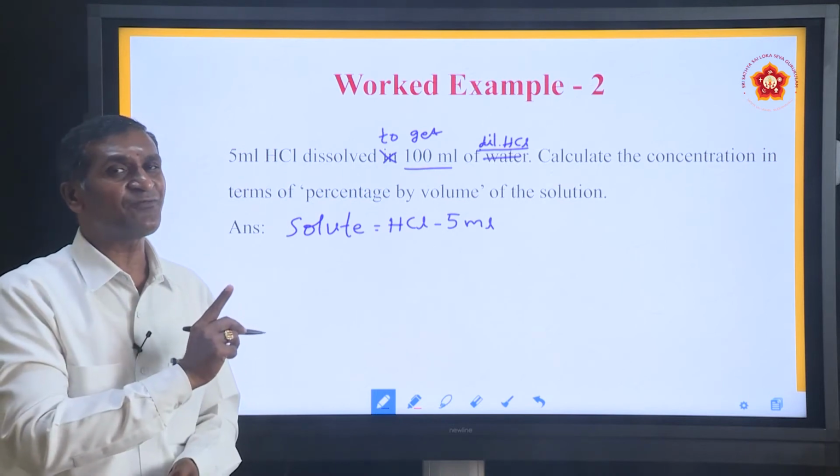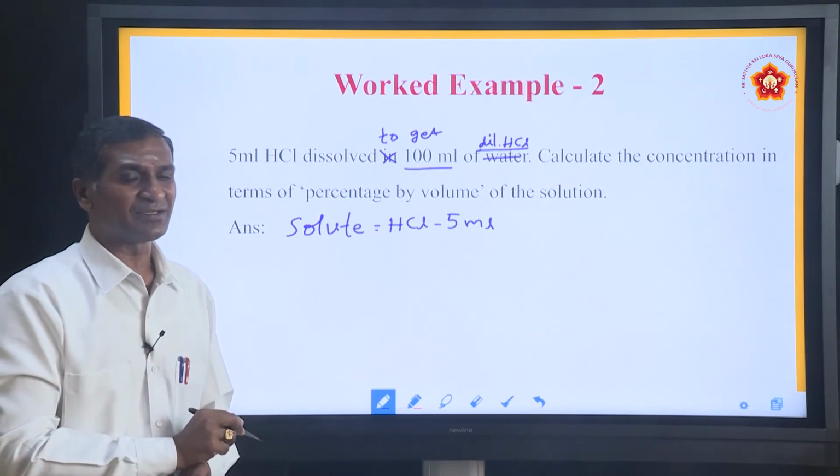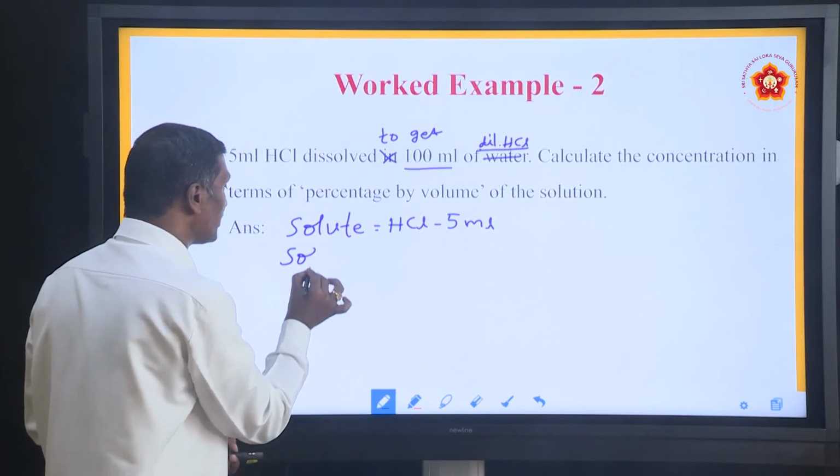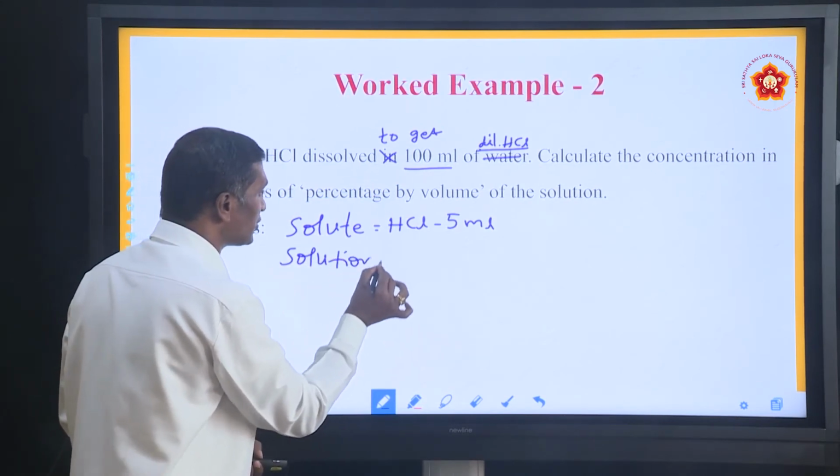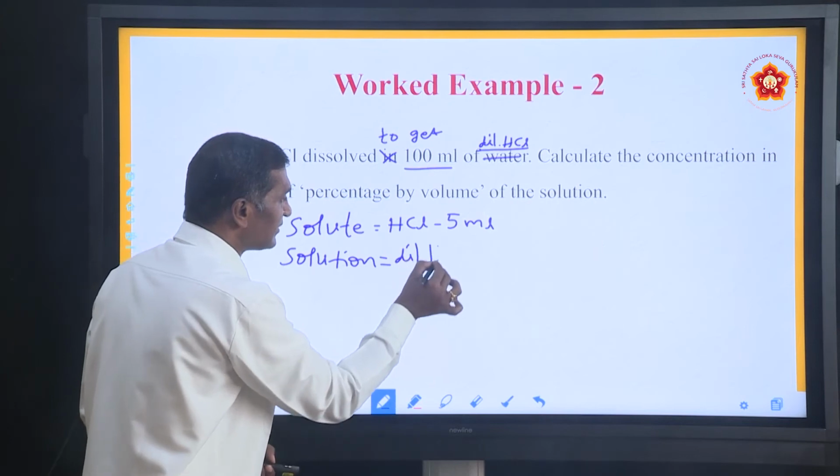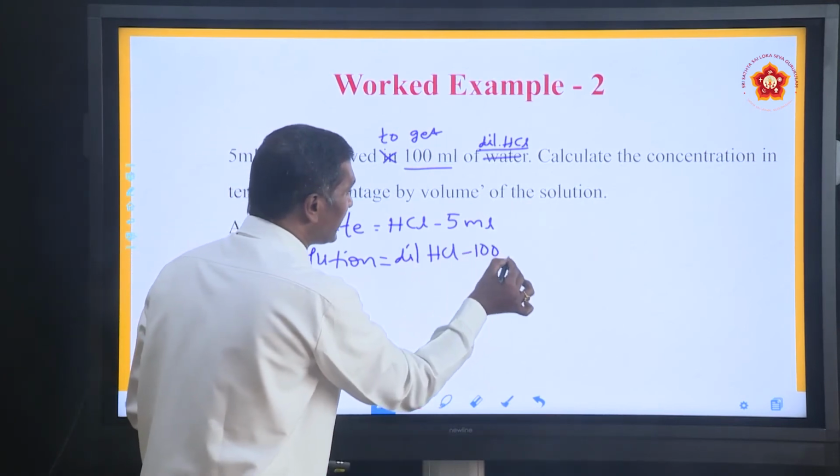That means 95 ml of water it is dissolved. So, let us take the solution, the dilute HCl. How much ml? 100 ml.